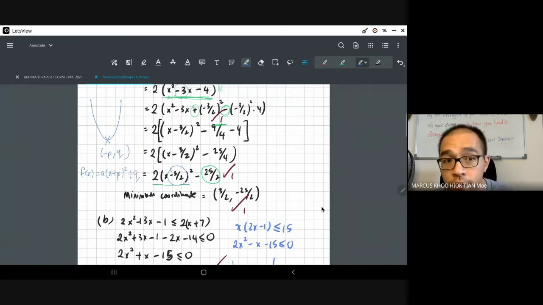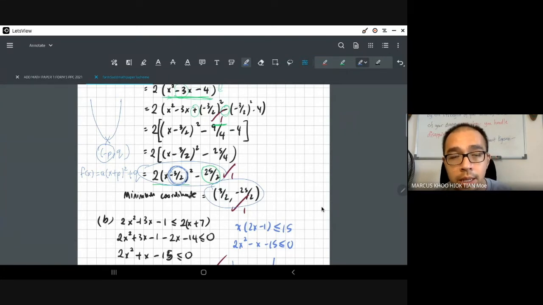So whatever the q value is, that is the y coordinate, but the x value, okay, kalau sini adalah x minus 3 over 2, okay, the coordinate is, tukar dia punya tanda. Okay, 3 over 2 and -25 over 2. So you give me this equation is 1 mark, and you finally give me the coordinate is another mark.